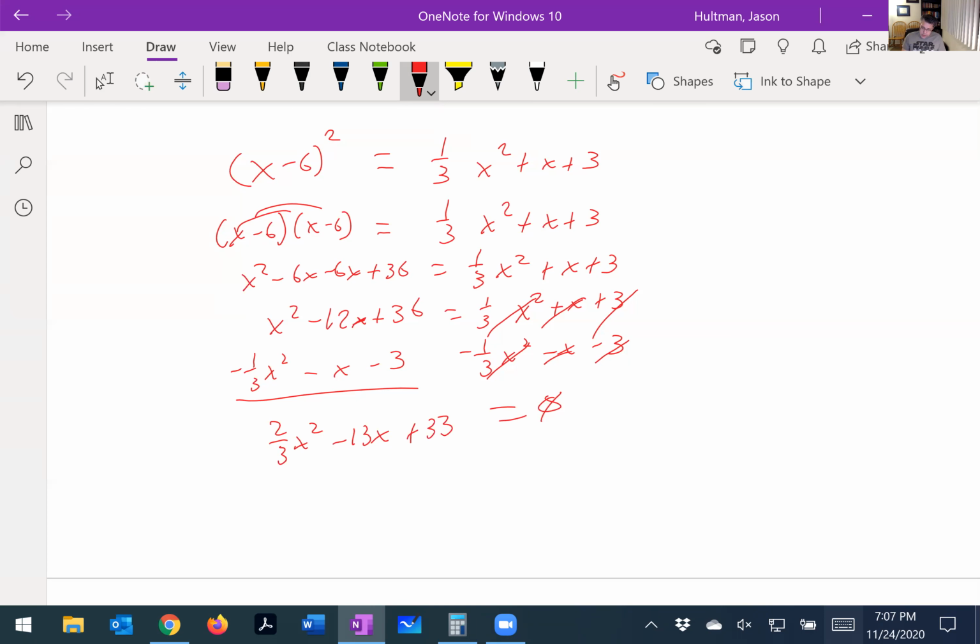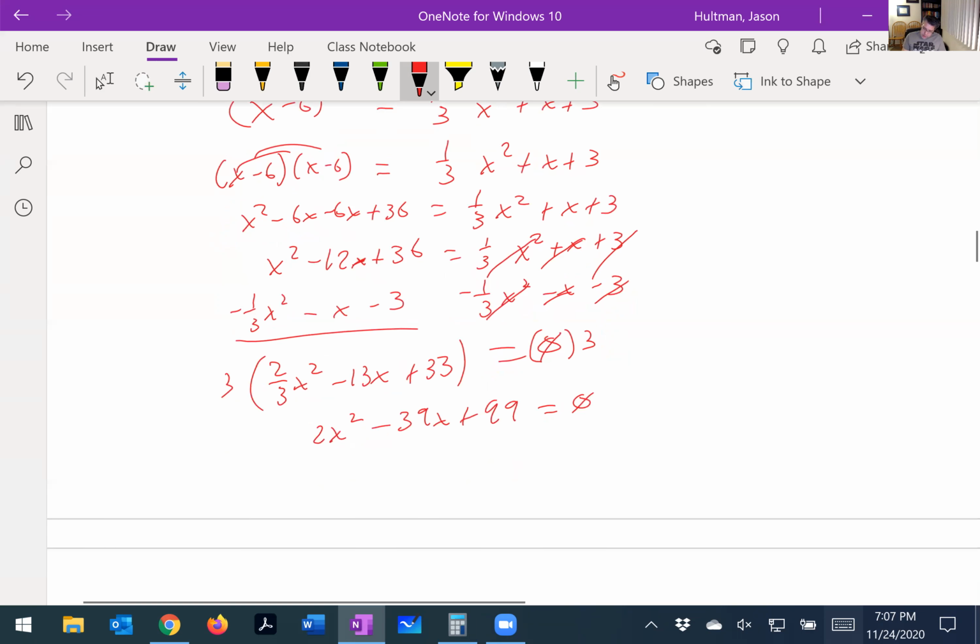I don't like dealing with fractions, so I'm going to multiply through by 3, on both sides. Doesn't change the other side because it just goes to 0. So this is 2x squared minus 39x plus 99. Okay, and that equals 0. And this thing is actually factorable.